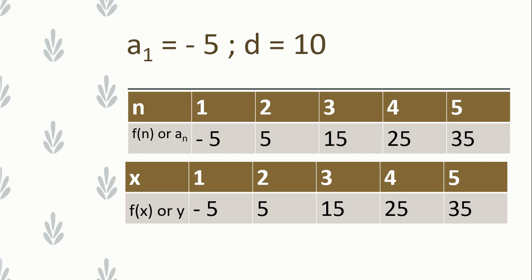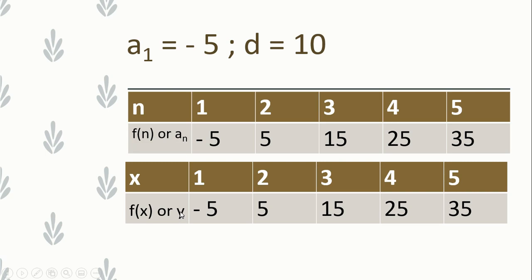Let us analyze the relation of arithmetic sequence and linear function. If we consider the relation of n and the nth term, we can think of that as a table of values describing the relation of x and y.